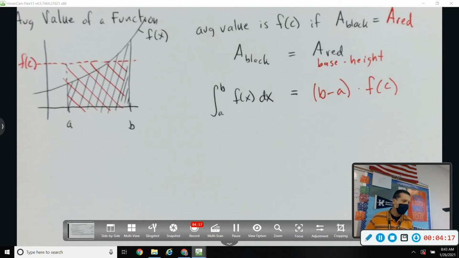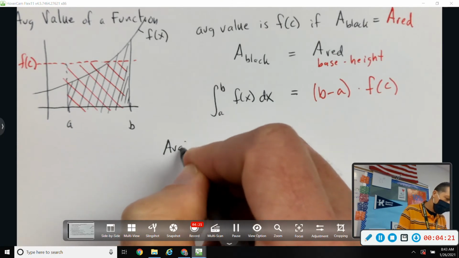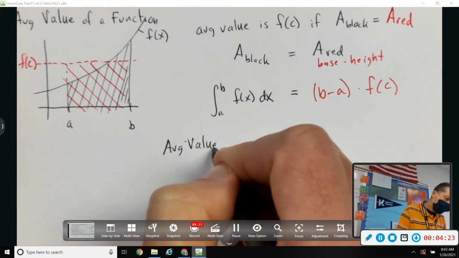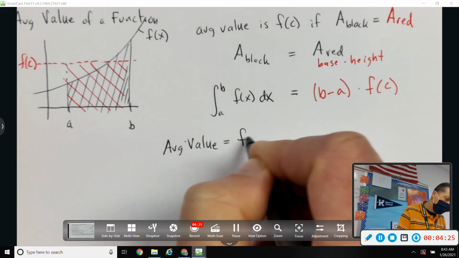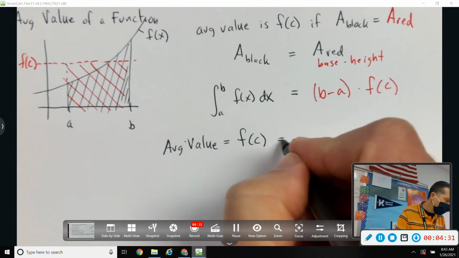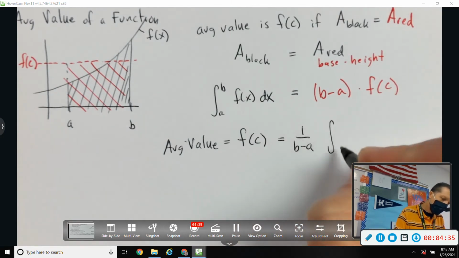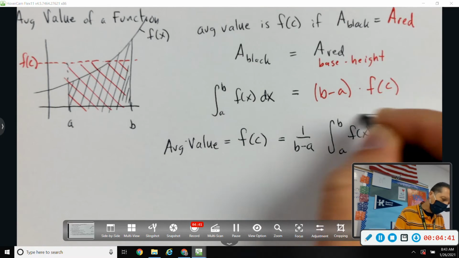But now I can solve for f of c. So the average value, the average height of that weird looking shape, is 1 over b minus a times the integral from a to b of f of x dx.